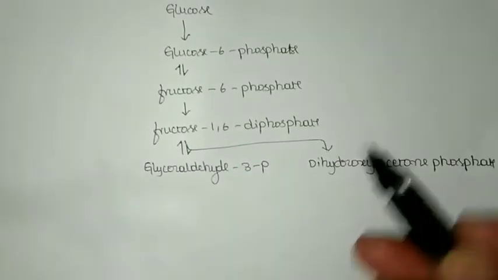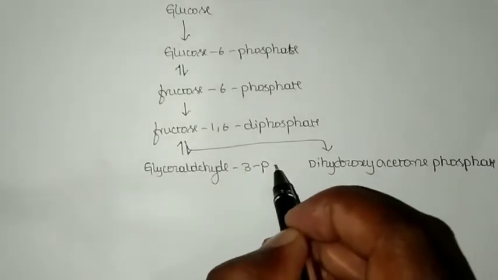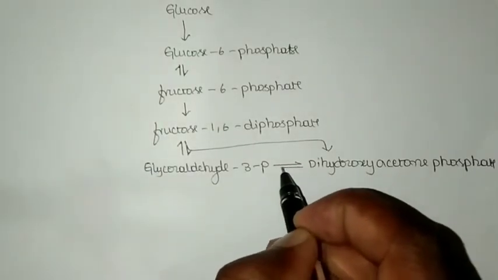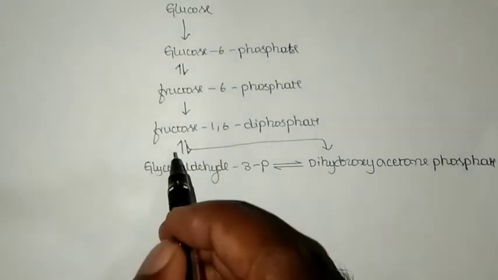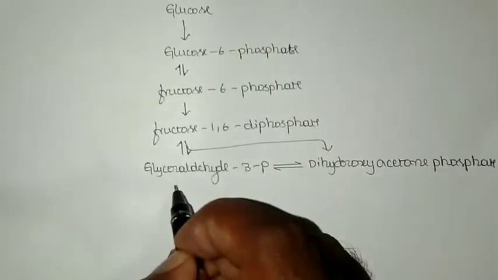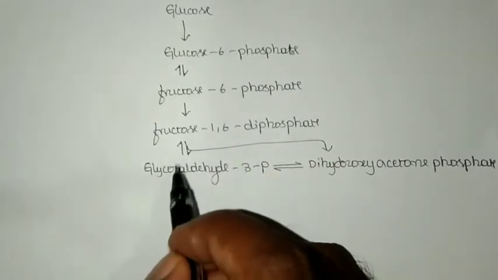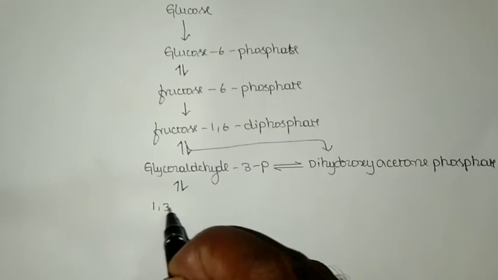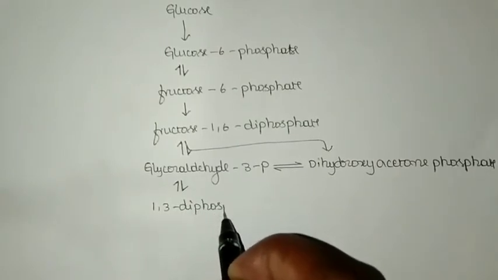This way. And this dihydroxyacetone phosphate will get isomerized so as to produce glyceraldehyde 3-phosphate once again. So this glyceraldehyde 3-phosphate will reversibly get changed so as to produce 1,3 diphosphoglycerate.